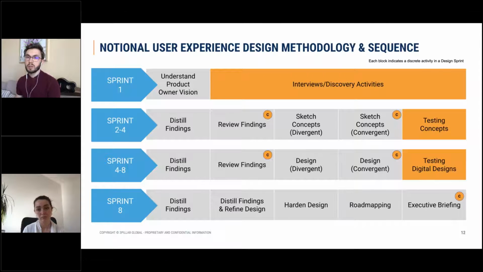We would usually want to dedicate a week for understanding the product vision and having a lot of discovery activities like interviews and research in order for us to be prepared to run the actual design sprints. So when you would see an orange block, that would mean it would be almost mandatory for us to involve the client or the key stakeholders.